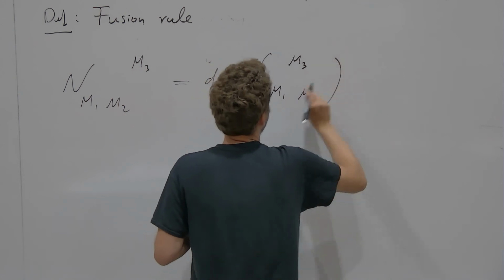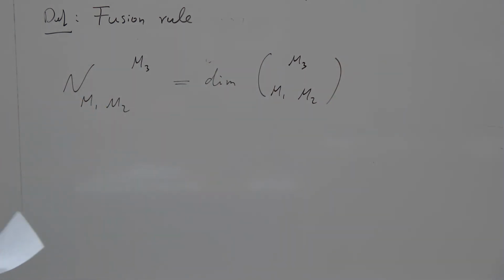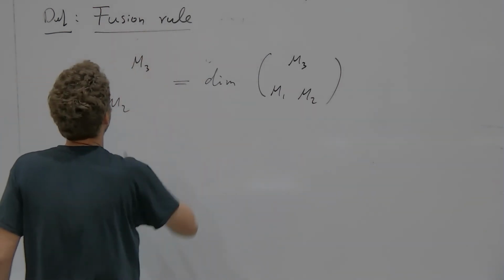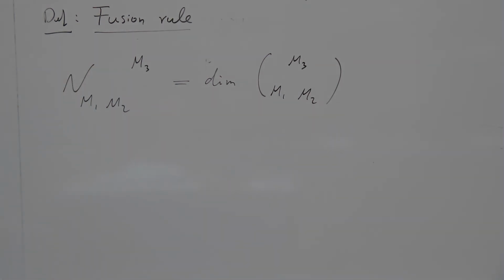This here was the symbol for the space of intertwining operators of this type, and the fusion rule is this dimension. So these are non-negative integers, and determining them gives you some kind of information about these dimensions of intertwining operators. One can also identify them with the dimension of conformal blocks on the sphere. So conformal blocks at some point become interesting.